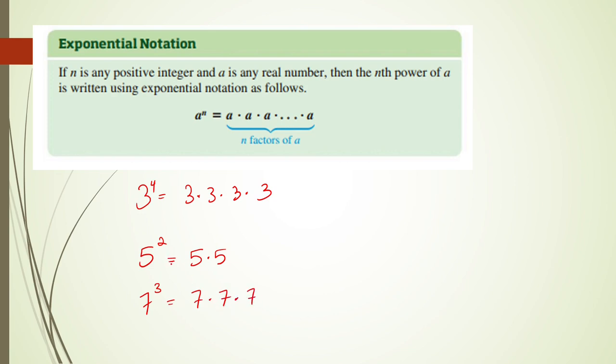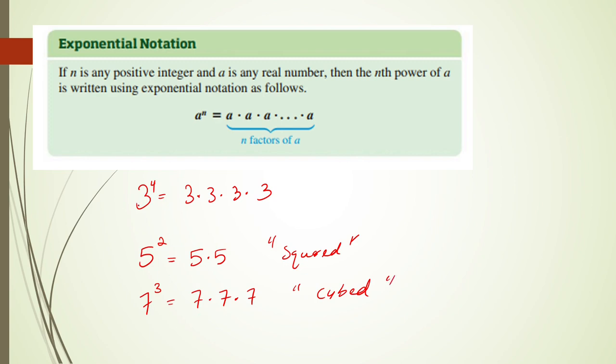For any other power besides a 2 or a 3, we will pronounce it as the 4th, 5th, 6th, or 7th power. But in general, when we're squaring a number or raising it to a power of 2, we say squared. When we're raising it to a power of 3, we can say it's cubed or raised to the 3rd power.